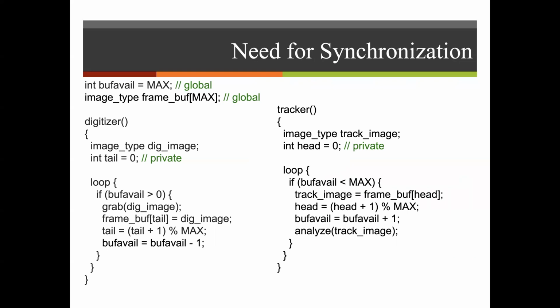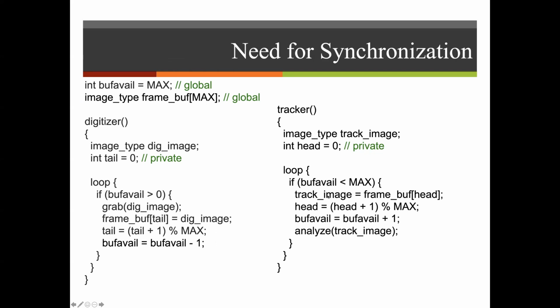With the digitizer, we have a loop that executes based off of the condition that buff available is greater than 0. It grabs a digital image, it sets our frame buffer, and then it provides for increment of the tail. And then buff available is reset. With our tracker, it executes as long as buff available is less than our max.